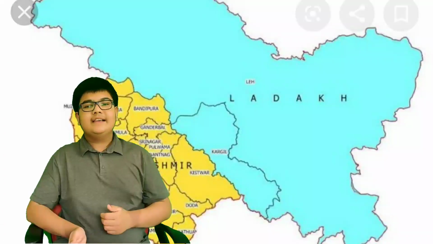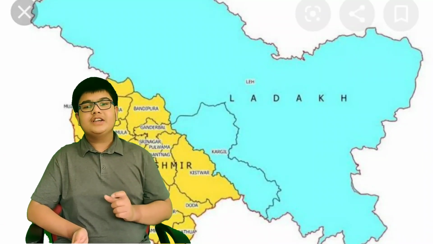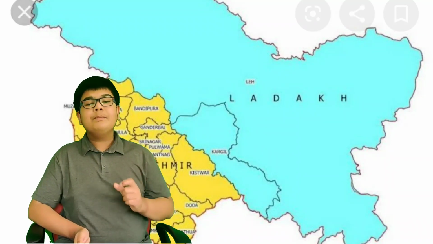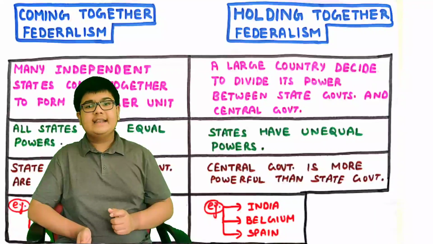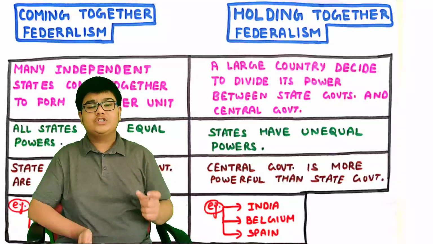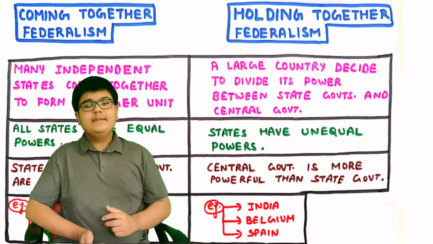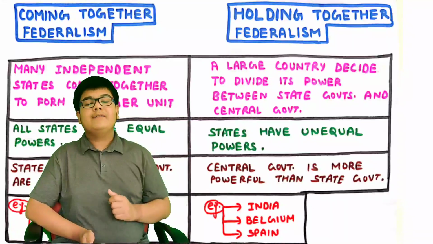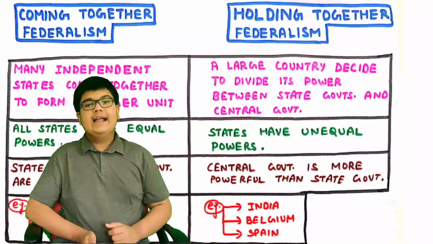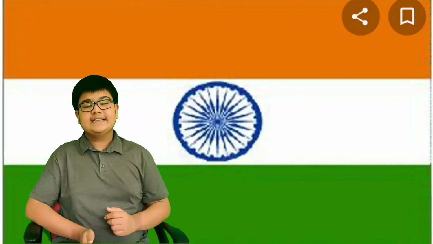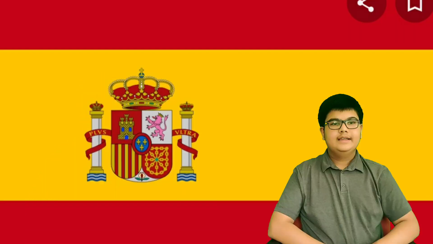For example, in India, the state of Jammu and Kashmir is more powerful than the other states, and it even has its own constitution. And in holding together federalism, the central government is more powerful than the state government. Such type of federalism is practiced in India, Belgium and Spain.